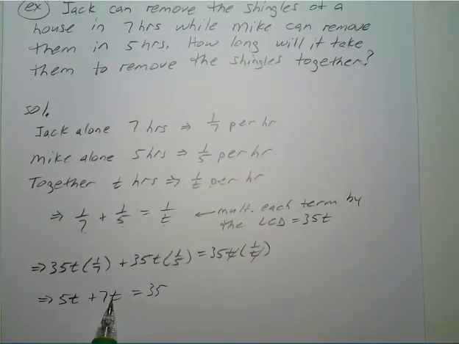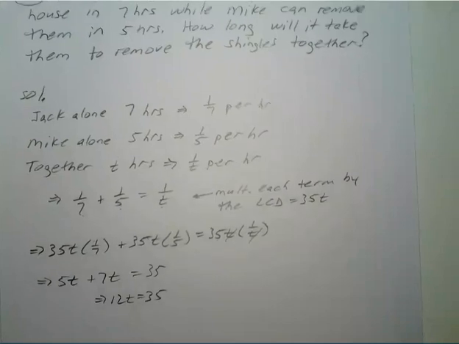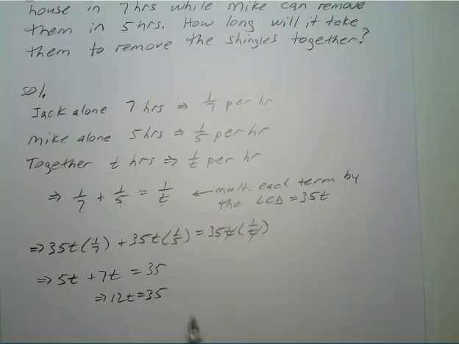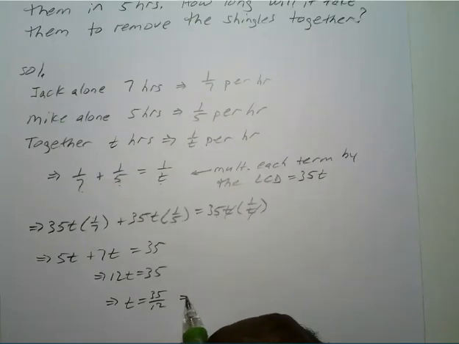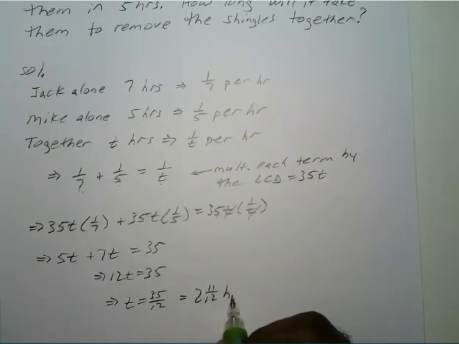Okay, so 7 plus 5 is 12, so that's 12t equals 35. Divide both sides by 12. You have t equals 35 over 12, or 2 and 11/12 of an hour.